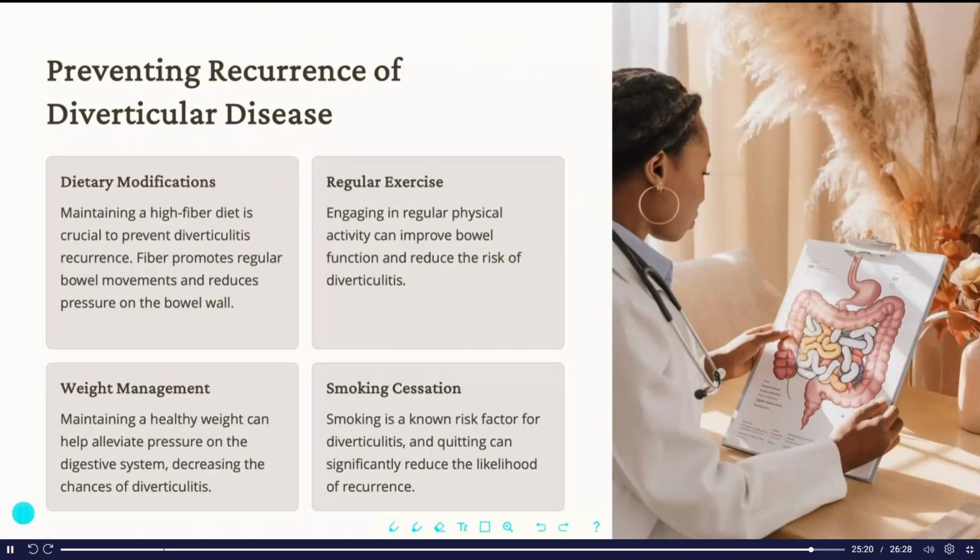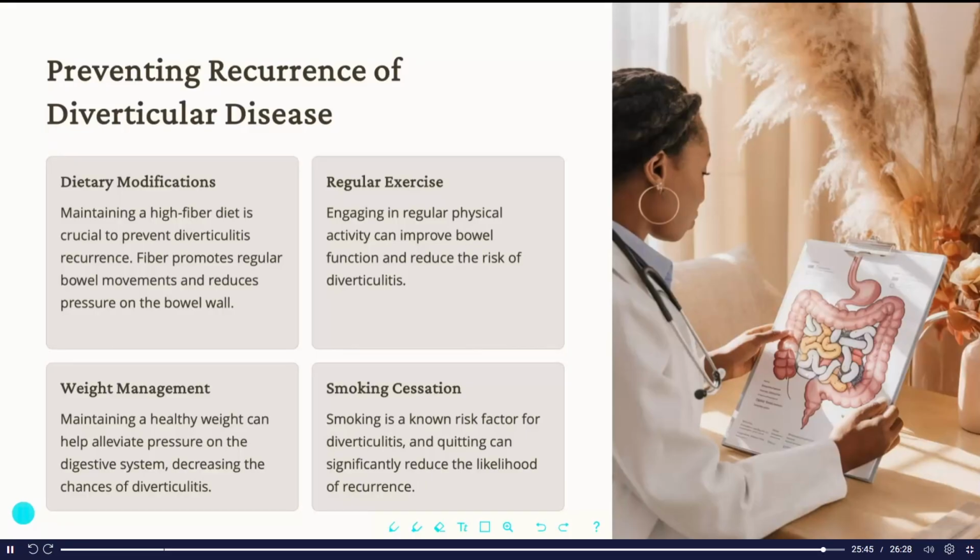And as far as teaching and prevention, because we don't want a recurrence to come back, that diet teaching is important. Regular exercise, as I mentioned at the beginning, improving muscle tone and weight reduction can help reduce the likelihood of a recurrence. And the smoking cessation as well, as I mentioned.